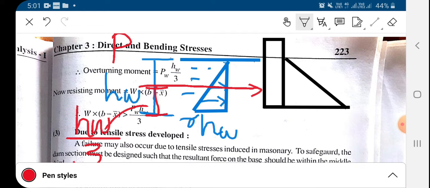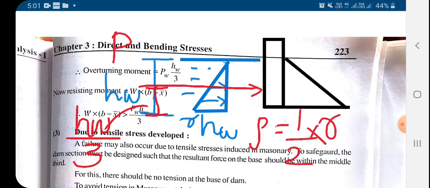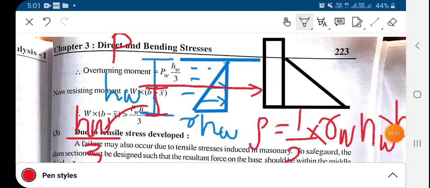So this total pressure P will be equal to the area of this triangular portion, that is 1 by 2 gamma W into HW into HW. So by using this we can get this pressure.